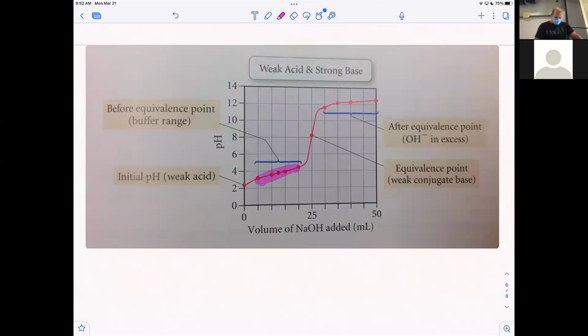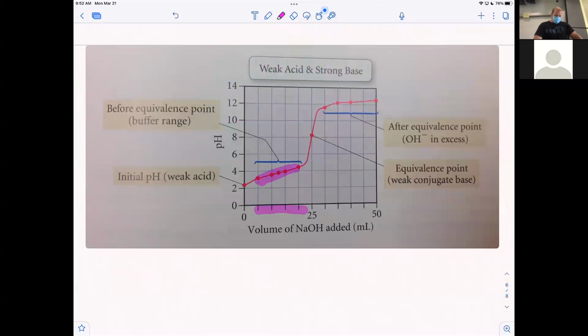It goes from maybe 3.5 to a little bit over 4. But meanwhile, you've added close to 15 or 20 milliliters of base, and the pH hasn't really changed at all.